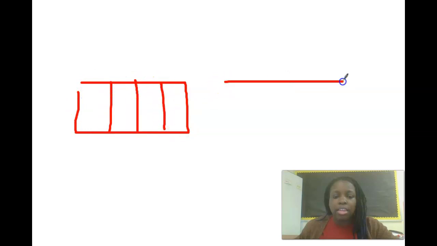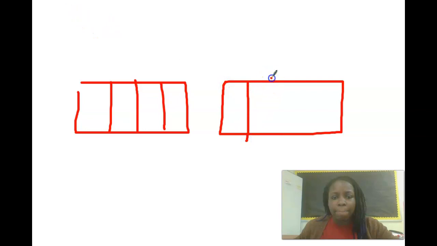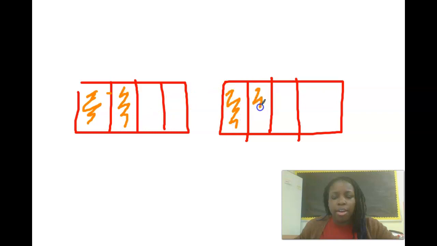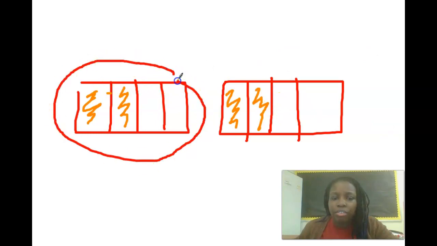So I have this picture, and I'm going to go ahead and shade this in. I look at each individual picture first, and I say, all right, what is this fraction first?